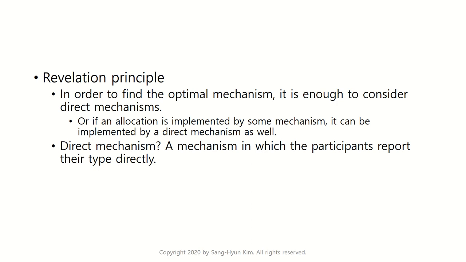Then in a direct mechanism, you claim that you are a type 1 consumer, and you will consume as much as 10. In that way, any allocation can be implemented by a direct mechanism. It's quite intuitive actually.